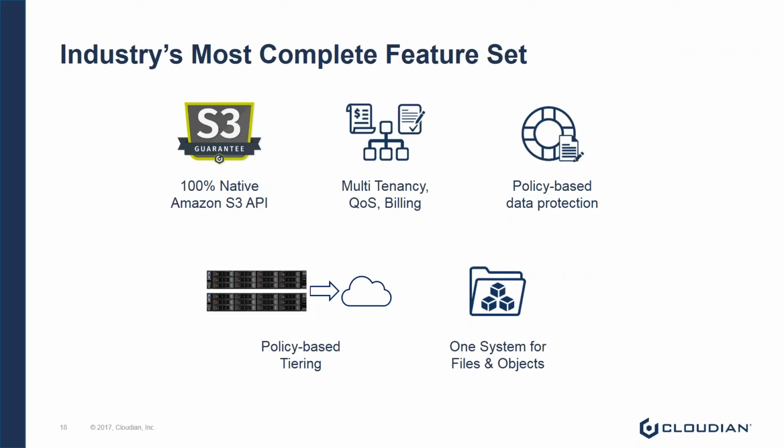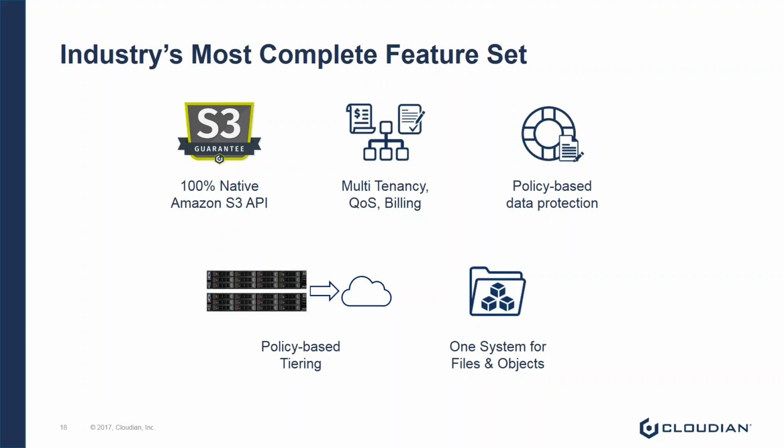The feature set of Cloudian is unmatched in the industry. We have a fully native Amazon S3 API, which means that we were designed from the start on the S3 API. So that was the original premise of the company, was to deliver object storage via S3.